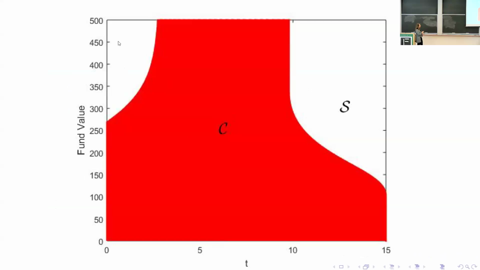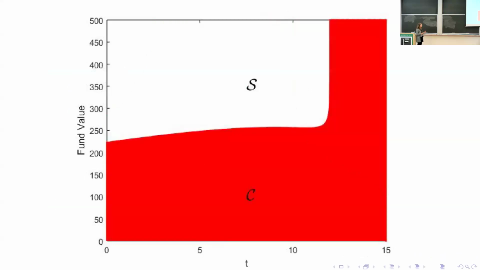Here it's optimal to surrender at the beginning of the contract and towards the end, but in the middle, there's no incentive, or it's not optimal to surrender. Same thing here. So again, this is really due to the time dependence, I think part of it is due to the time dependence of the fee. So that also helps eliminate the surrender incentive.